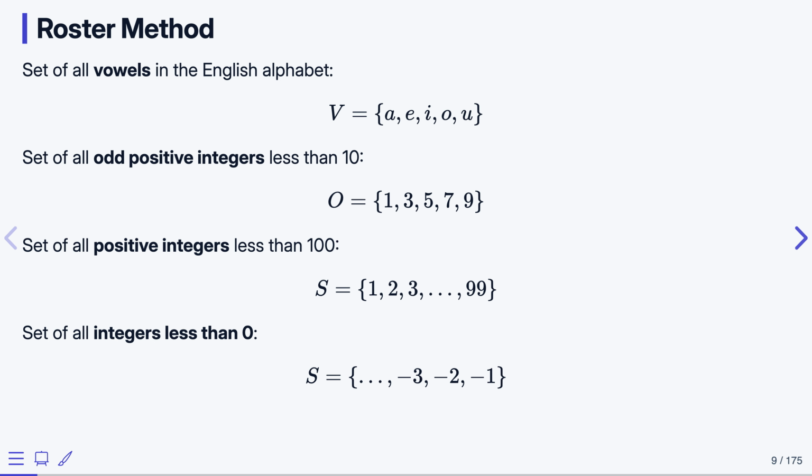S equals {1, 2, 3, ..., 99}. Fourth, the integers below 0. This one has no smallest member, so the 3 dots go on the left. S equals {..., -3, -2, -1}. The 3 dots always mean the same thing. Continue the obvious pattern.